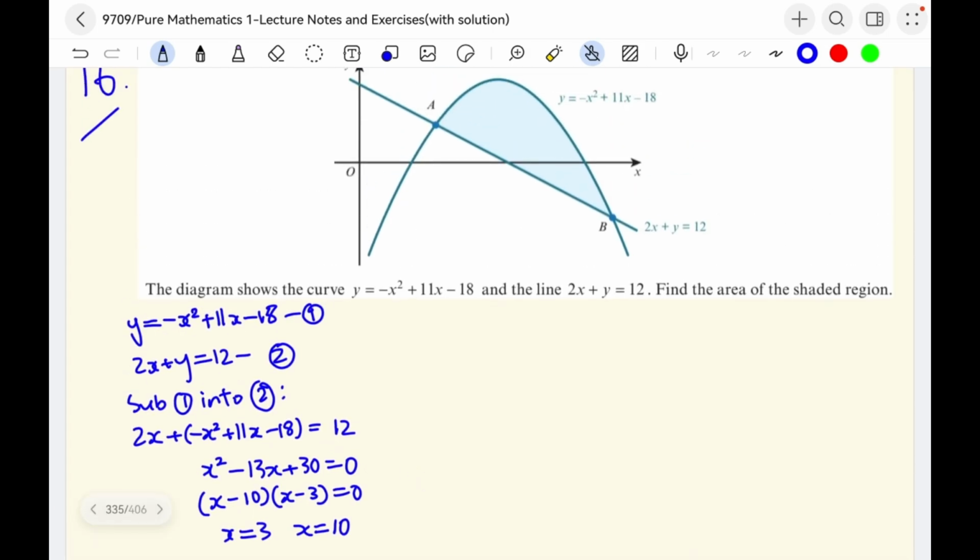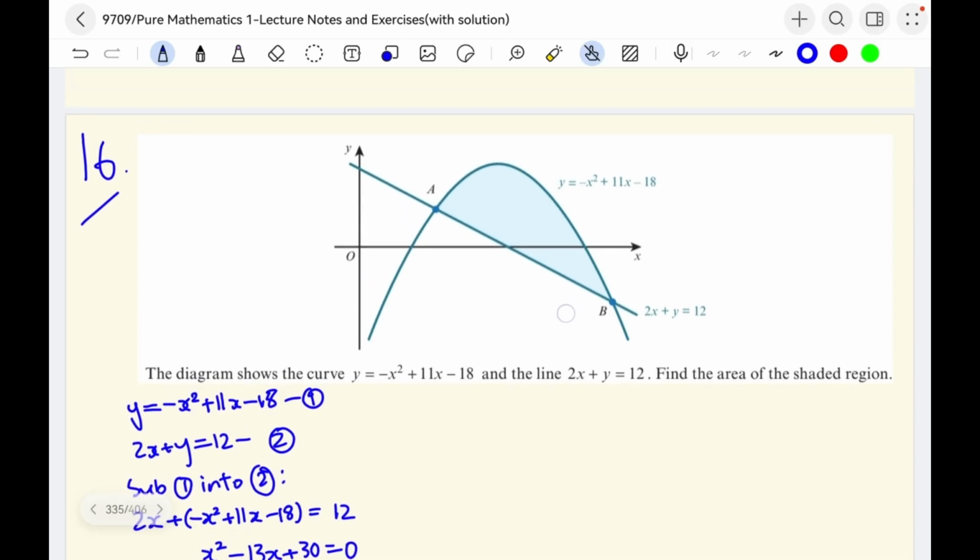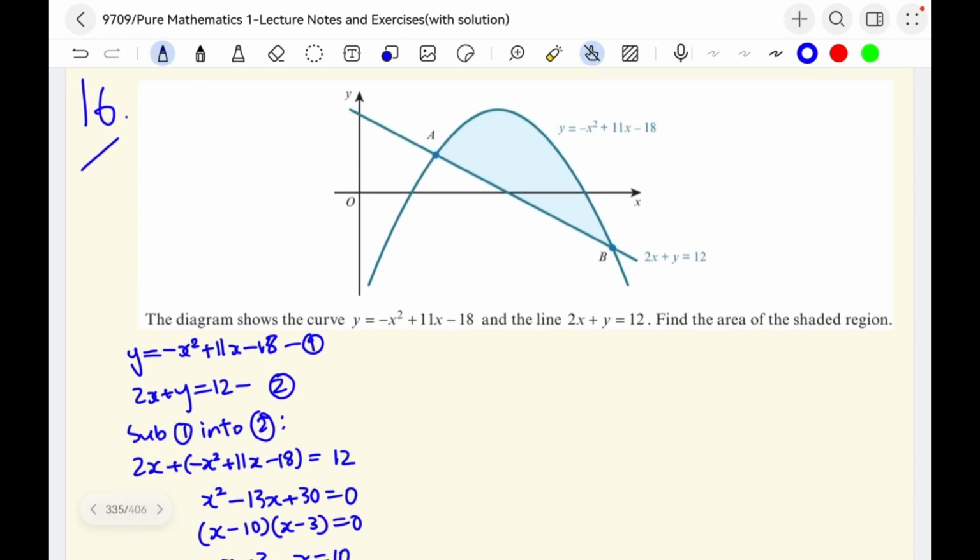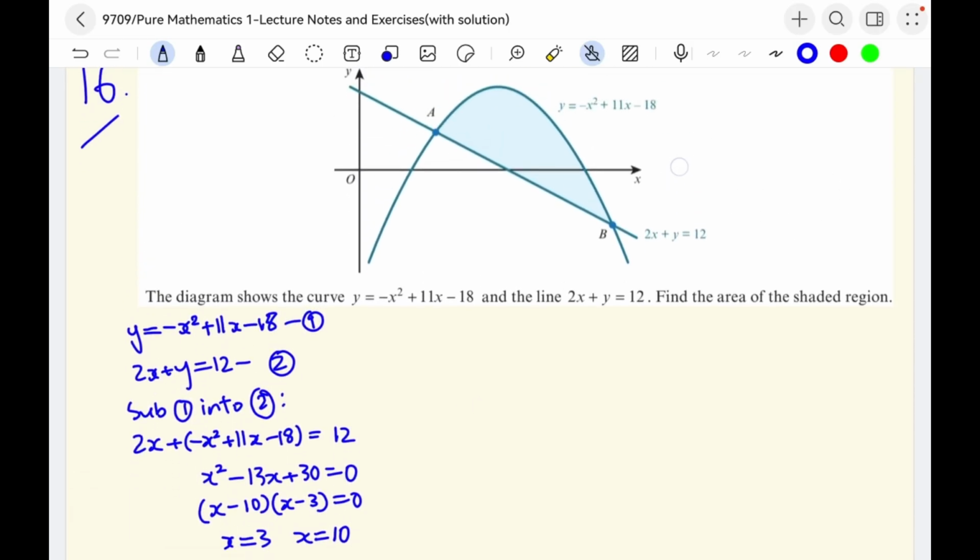The x coordinates for both intersection points are 3 and 10. So obviously, apparently, the x coordinate of A is 3 because it is placed on the left hand side. So the x coordinate for B will be 10, which is on the right hand side.